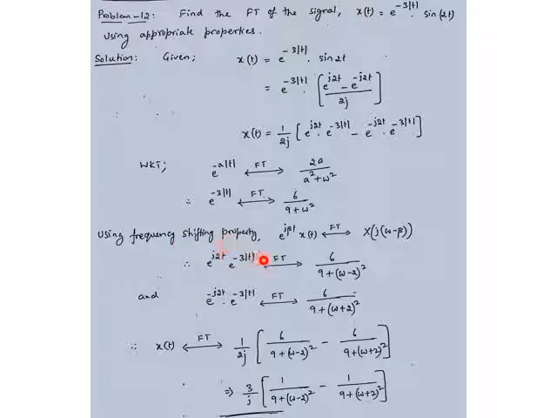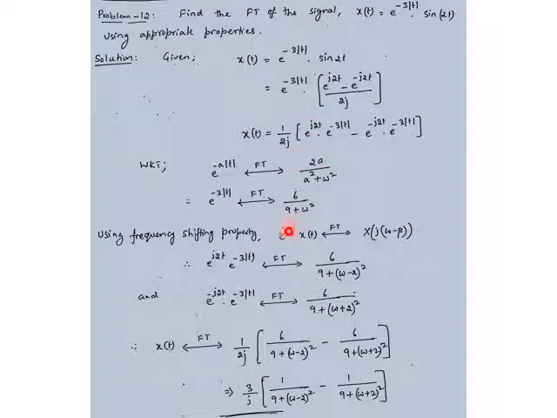Frequency shifting property says e to the power j beta t into x of t has Fourier transform X of j(omega minus beta). So j multiplied with omega minus beta. This resembles the term here.